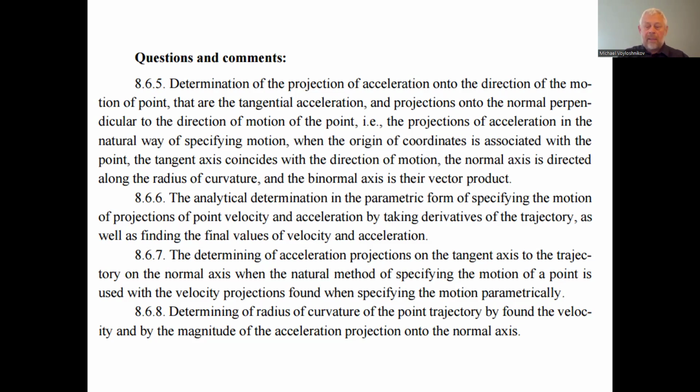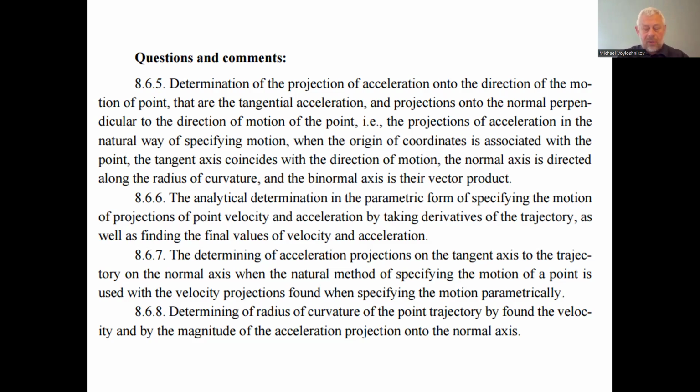This will be the component of the acceleration on the axis associated with the direction of motion of the point. Next, using the Pythagorean theorem, we can find the perpendicular, that is normal, acceleration. We have the magnitude of the total acceleration, so the normal acceleration is the square root of the squared magnitude of the total acceleration minus the squared tangential acceleration obtained previously from the scalar product.